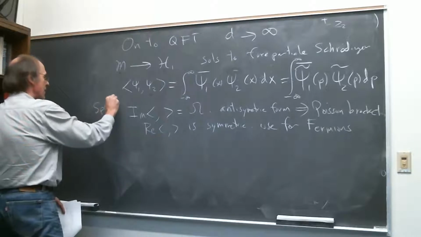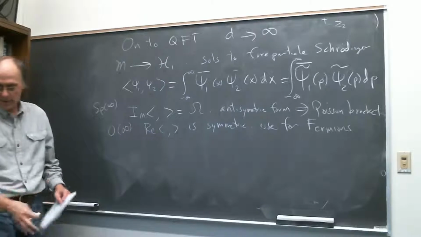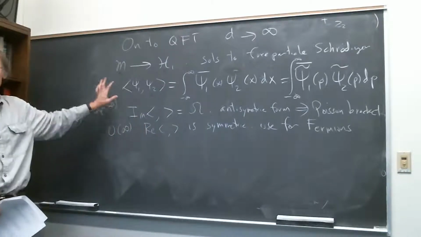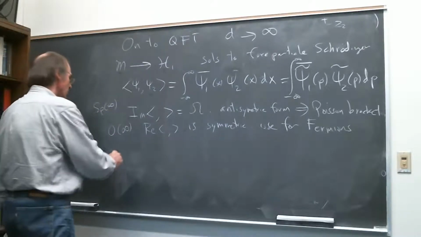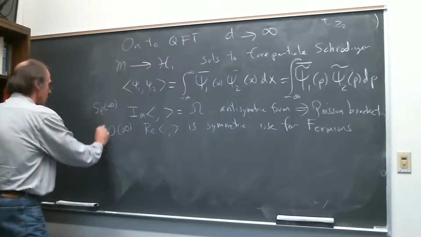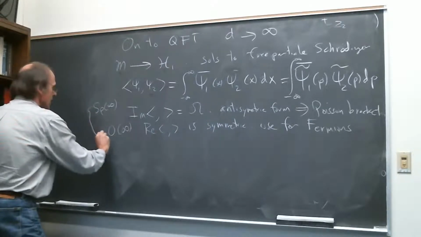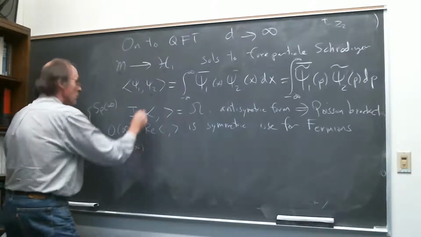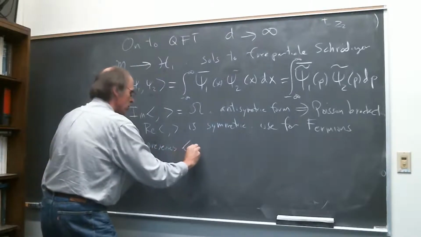Something to notice is that what preserves this is some kind of Sp infinity, and what preserves the other is some kind of O infinity, if you like. These are infinite dimensional spaces, but these groups are much too large to usefully think about. But there's U infinity, the intersection, which preserves both.